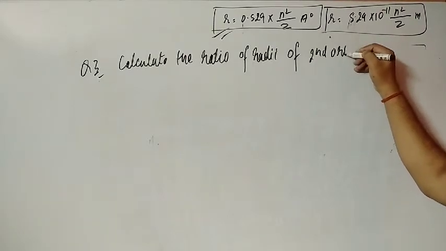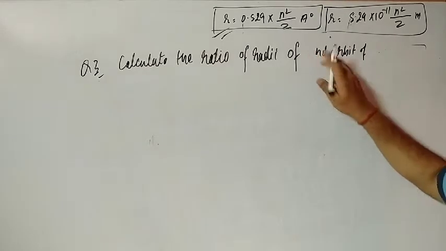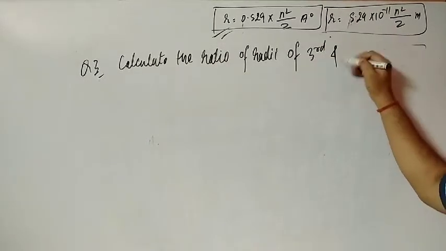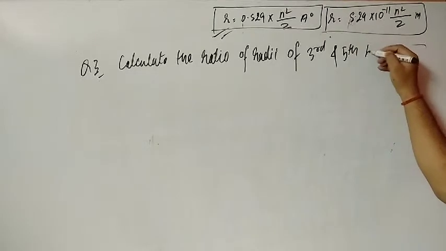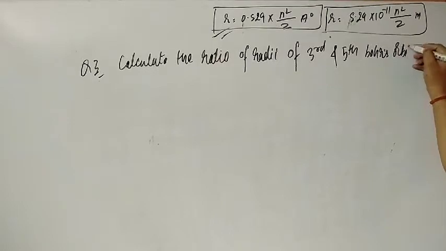the third and fifth Bohr orbits of helium plus, He plus.